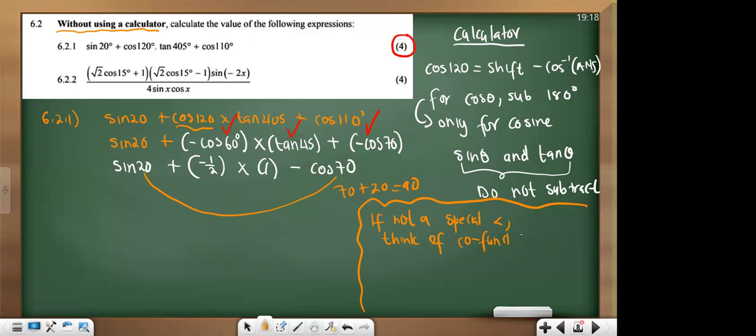Think of cofunction. If sin A equals cos B, then cos A equals sin B.